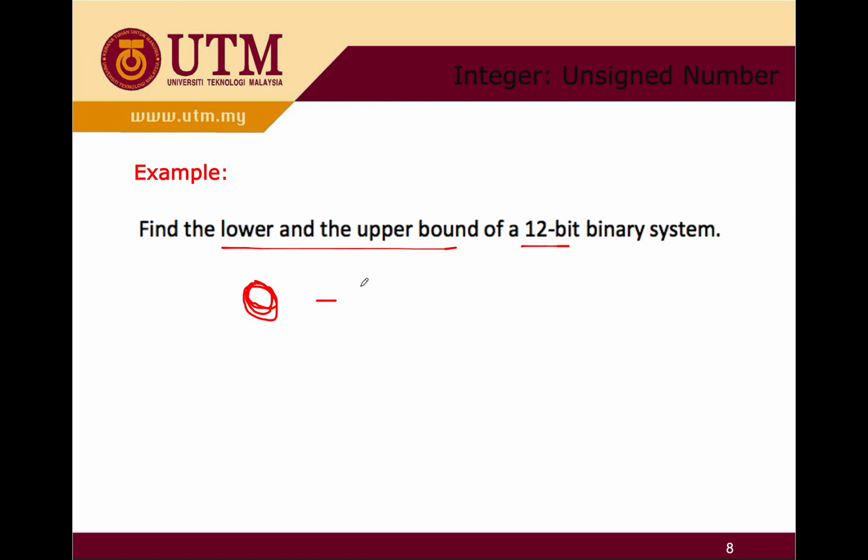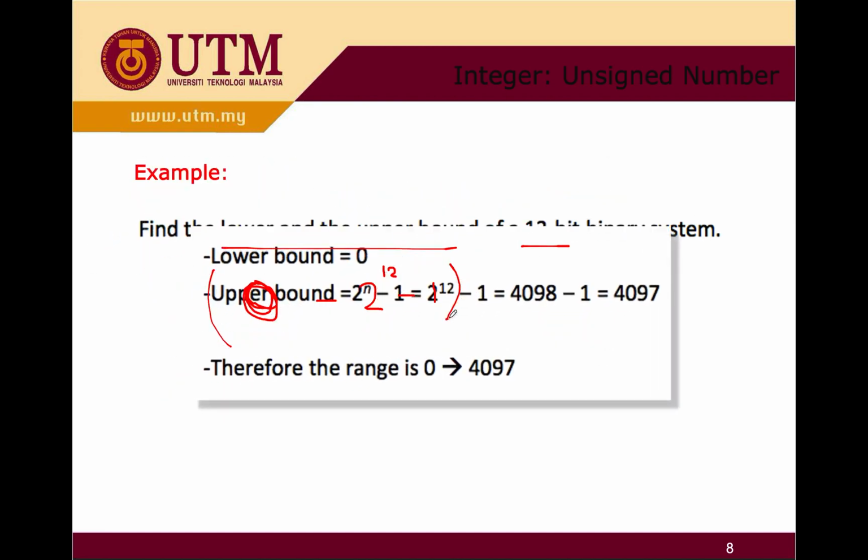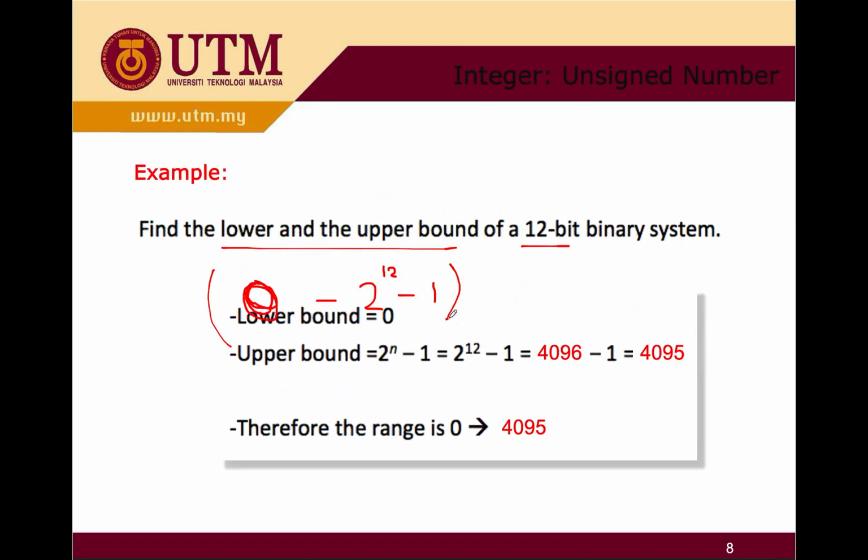You have 2 to the power of n, which is 12, and then you minus 1. So you will get the range of the numbers. You can say that the lower bound is this one, the upper bound is this one, and therefore the range is 0 to 4095. You calculate it by yourself.